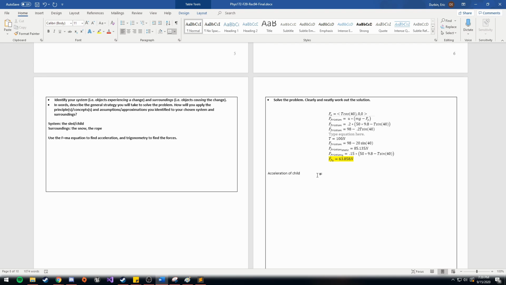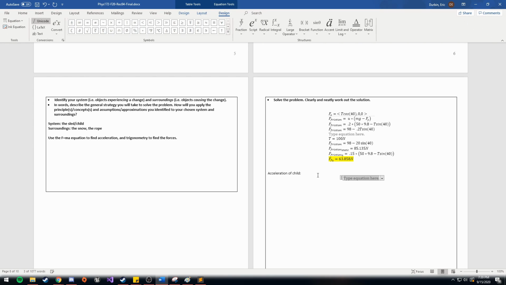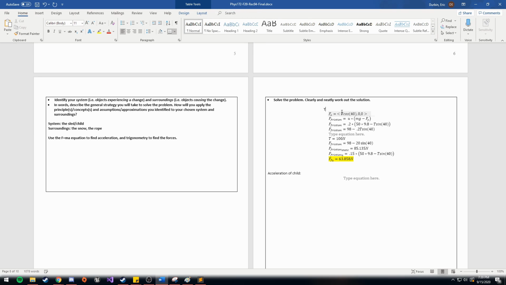What did you guys get for your x component for T? Oh, it'd be 100 cosine 40. By the way, this is all T equals 100.